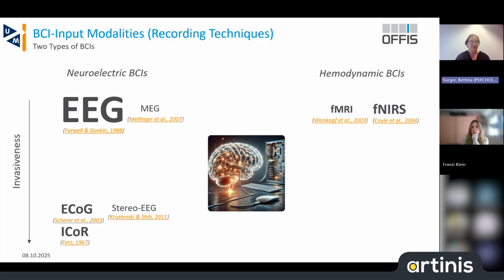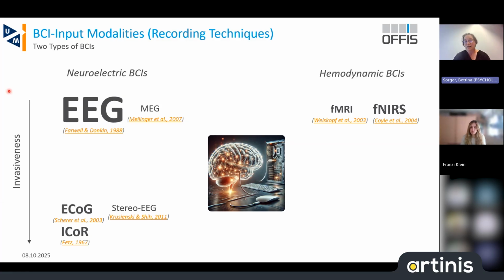And you see here that EEG has the majority of impact. But some 20 years ago, there was also the emergence of the hemodynamic BCIs, just because it's good to increase the spectrum of available techniques. And we also know phenomena like EEG BCI illiteracy and so on. So therefore, it's good to have an alternative.